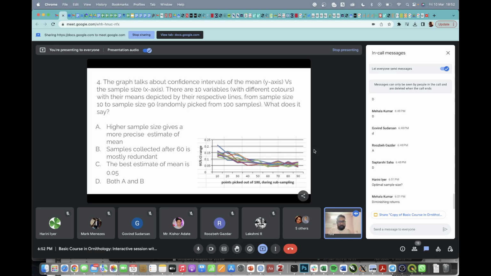The highest confidence interval you can see is almost 0.2. Just for ease, I'll call it 2.